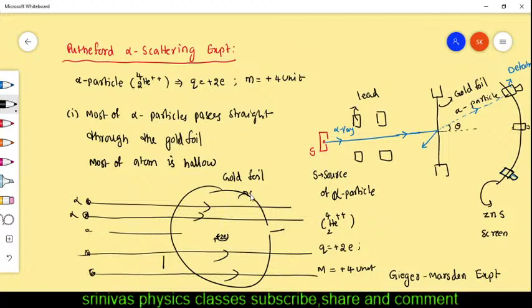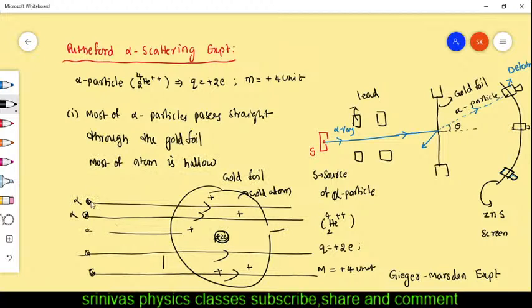This is the gold atom we will take. Inside the atom, at the center, a little nucleus will be there. For example, according to J.J. Thomson, positive charge is uniformly distributed throughout the atom. If positive charge is distributed uniformly throughout the atom, then what happens?